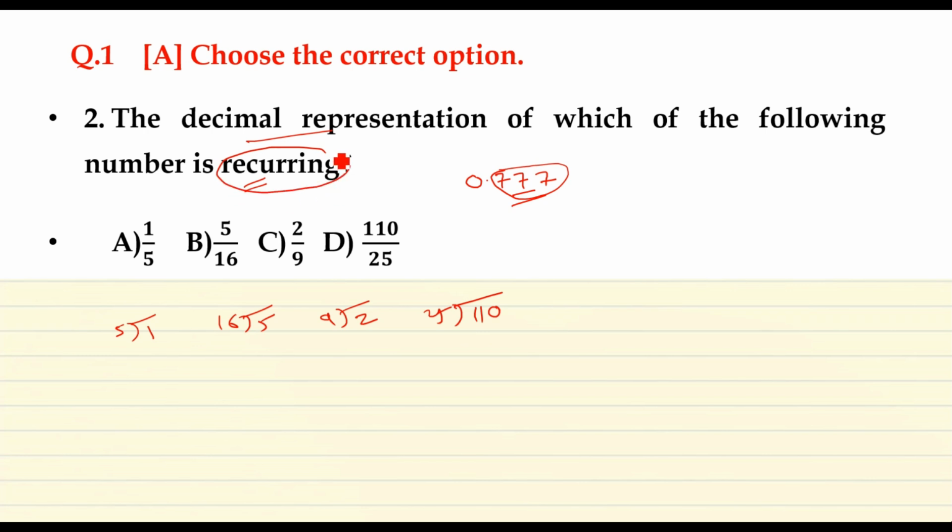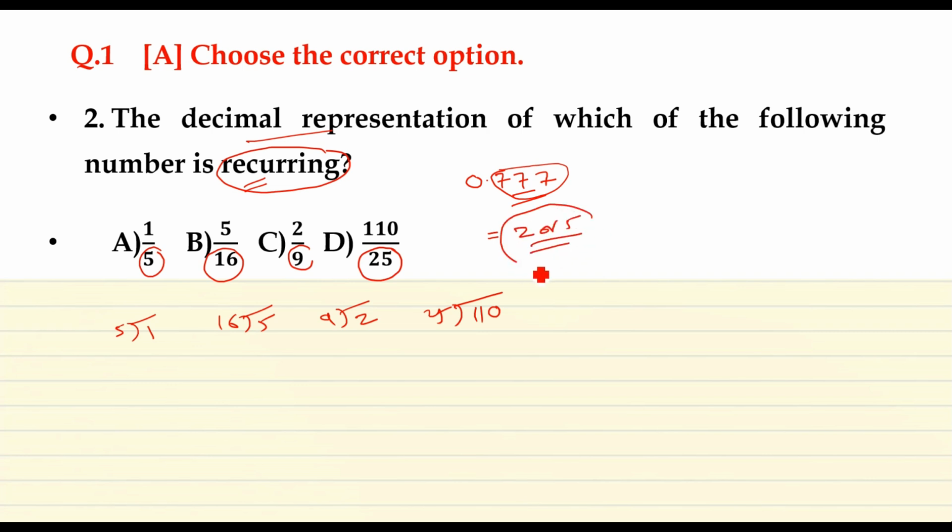Now there is a very simple trick to know whether the number is recurring or non-recurring. At the unit place, if the number is divisible by 5, see 25 is divisible by 5, 16 is divisible by 4, 5 is again divisible by 5, and the 9 is not a multiple of either 2 or 5.